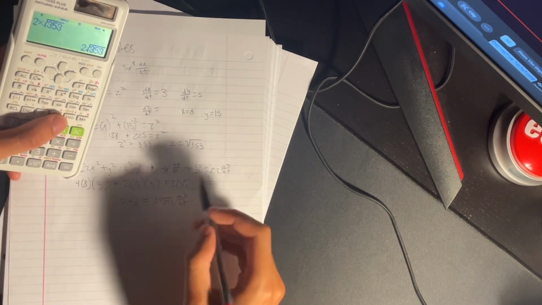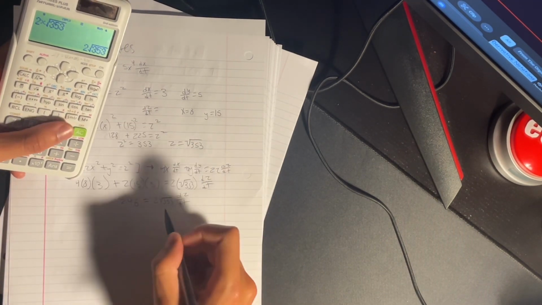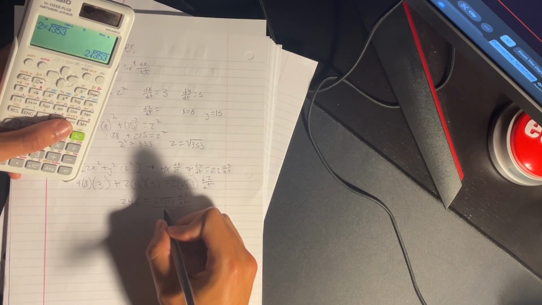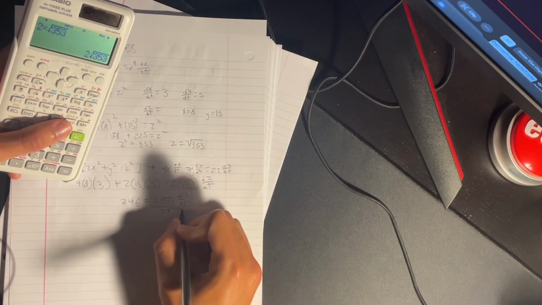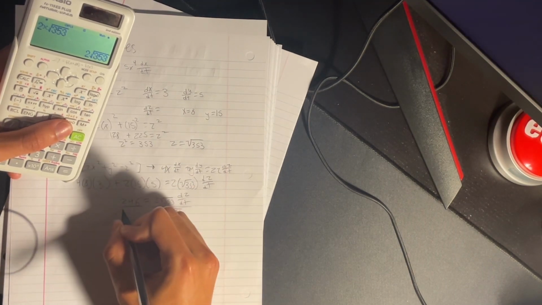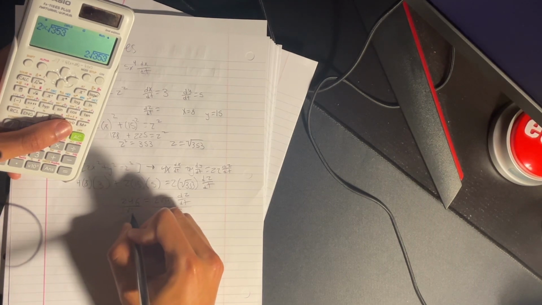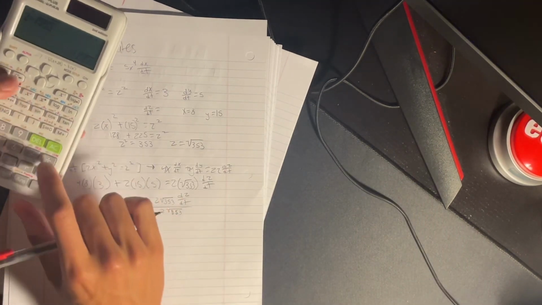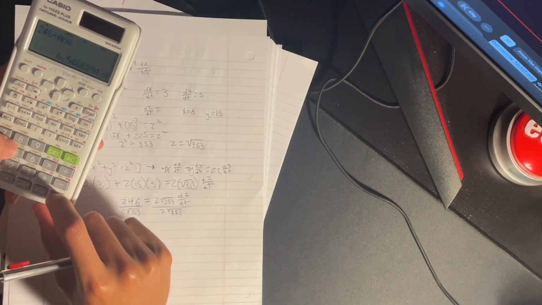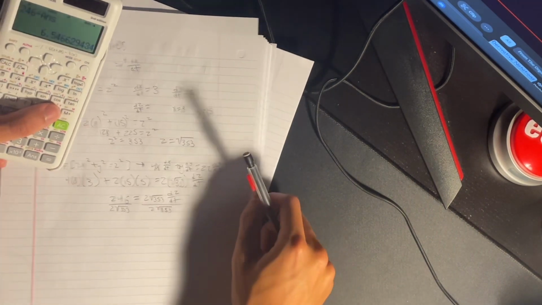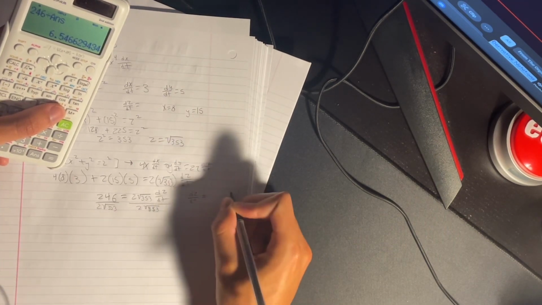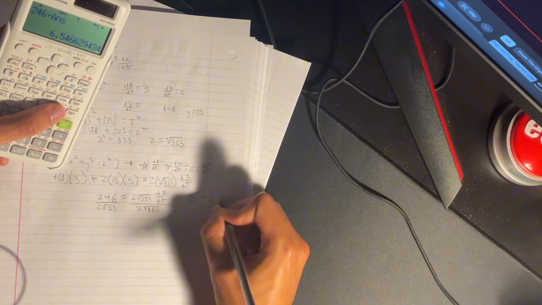So now all we have to do is divide both sides by 2 times the square root of 353, and then we will get our answer. Alright, and dz dt should equal an approximate answer of 6.55.